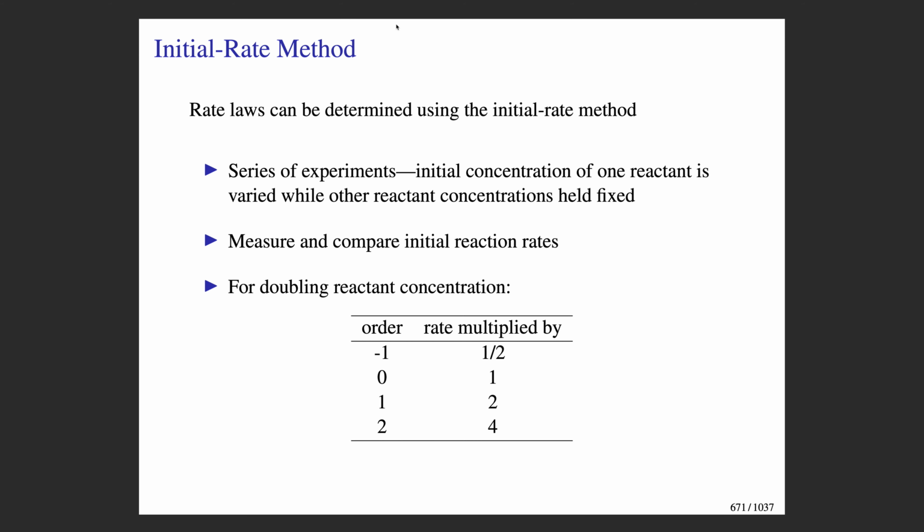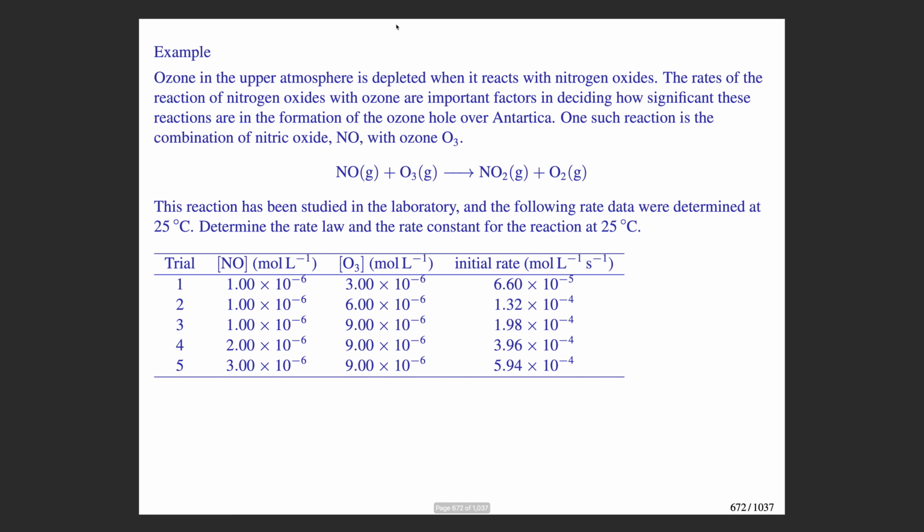There's a little table down here that can be useful. It says that if you double a reactant concentration and you find that the rate doubles, then it's first order. If you find that the rate doesn't increase, the reaction order is 0. If you find that the rate quadruples, then the reaction order would be 2. And we're going to go through some examples right now.